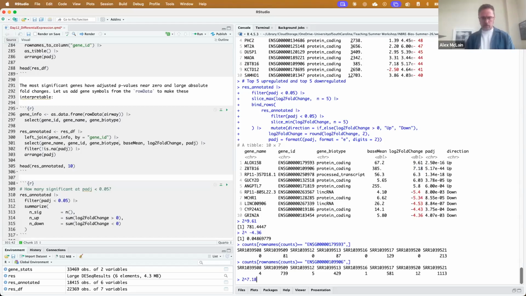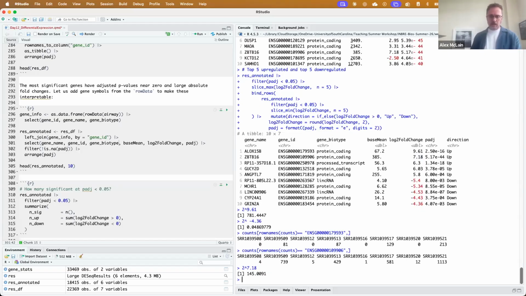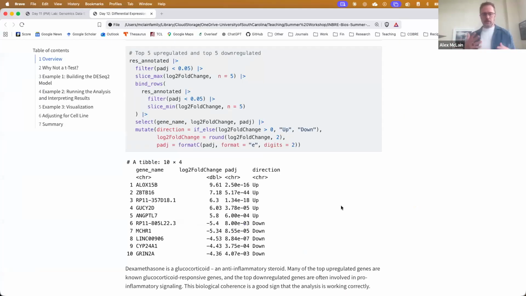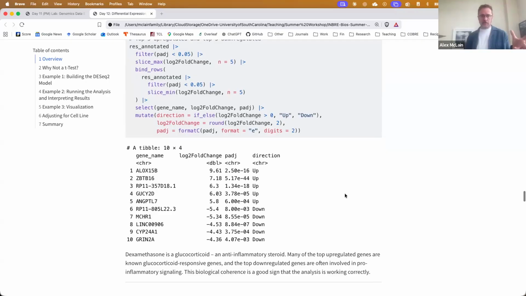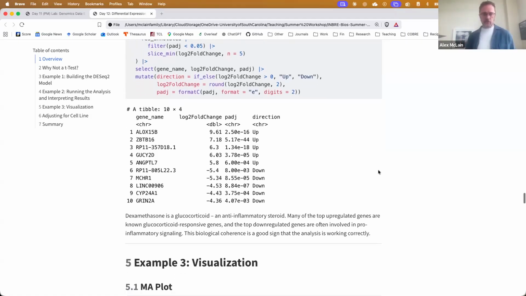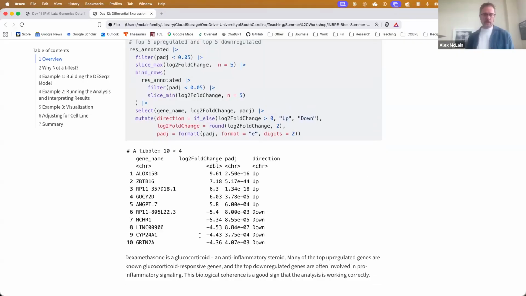So these are all things that we might want to take into account when we are considering, hey, if there's 10 to 30 genes that we can really look at, the p-adjust is important because it does give us significance, but also the log2 fold change is important. And we probably want to take both of these things into account when we're figuring out which variables we may want to look at.